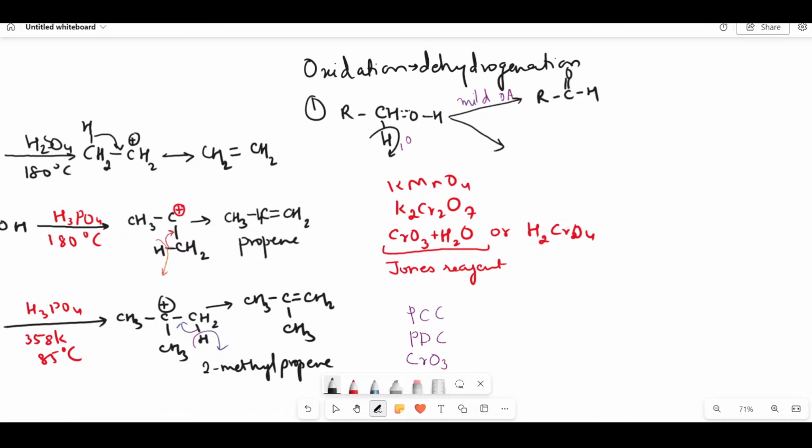That is, 2 hydrogens will leave, and we get the formation of an aldehyde.